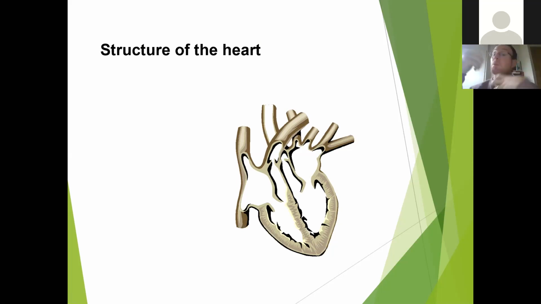Okay, so recap then. So we looked at the location of the heart. We can describe it as being center of the chest, slightly left. We can describe it as being just behind the sternum, and we can describe it as being between the lungs. We can describe two parts of circulation.